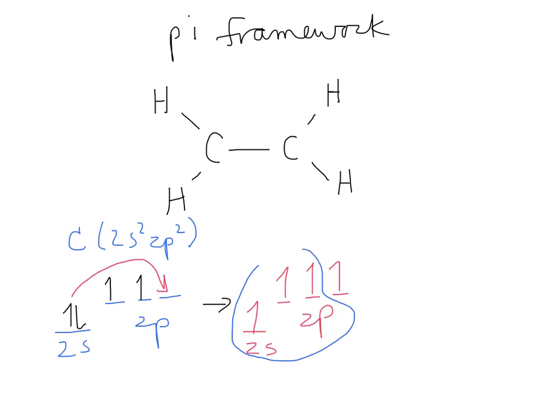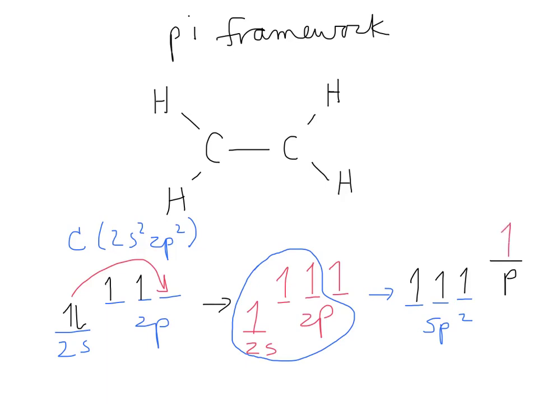The next step is to recognize that you're going to have 3 sp2 hybrids to describe the sigma framework. So you have 1, 2, 3. They all have the same energy, sp2. 1, 2, 3. And then you still have 1 p left over, and it's just sitting there.